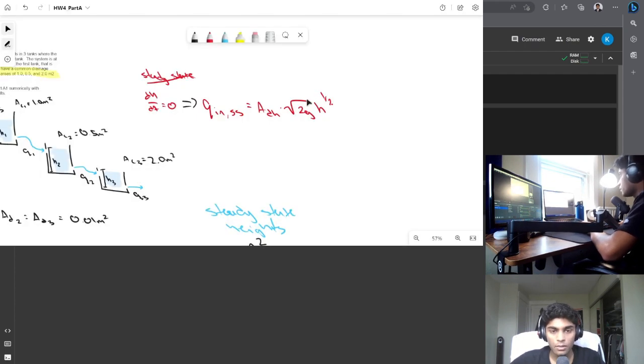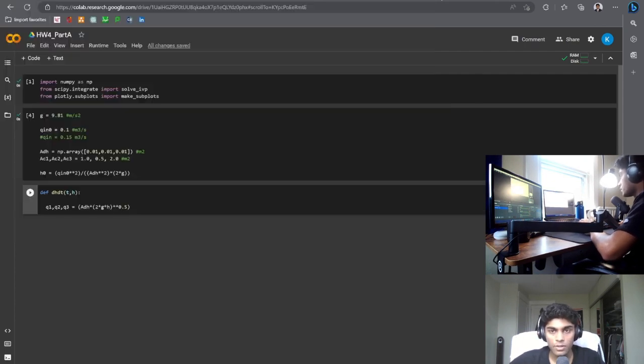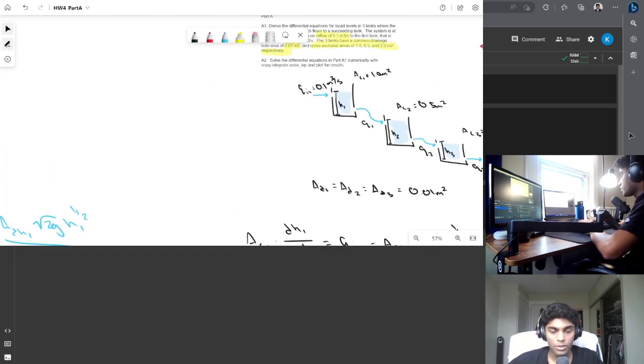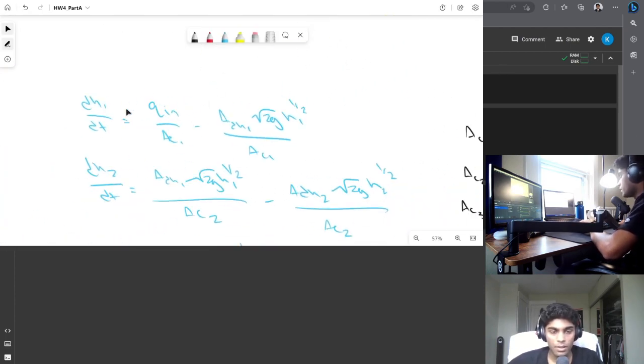Double check that. Yeah, that looks right to me. And then we want to return these equations for dHdt. So basically this first one here is Qn minus Q1. We're going to name this Q1 all over AC1.